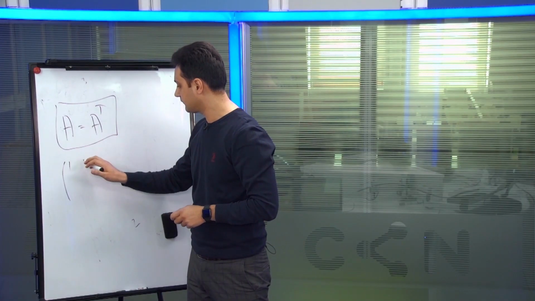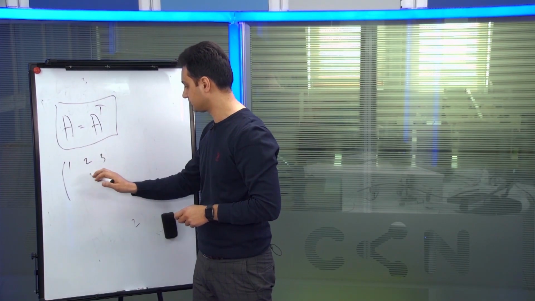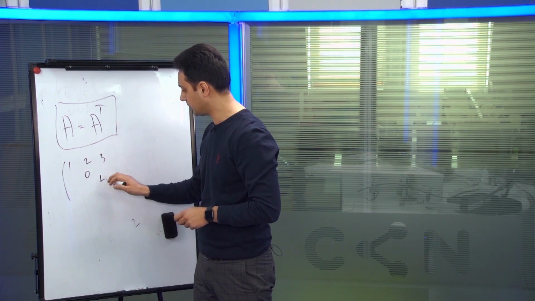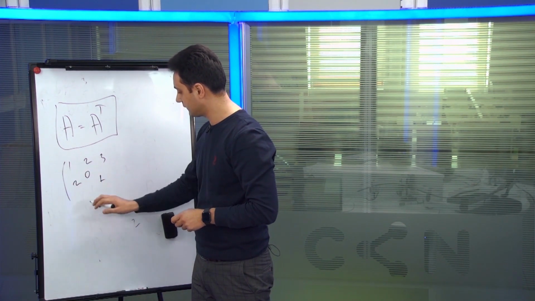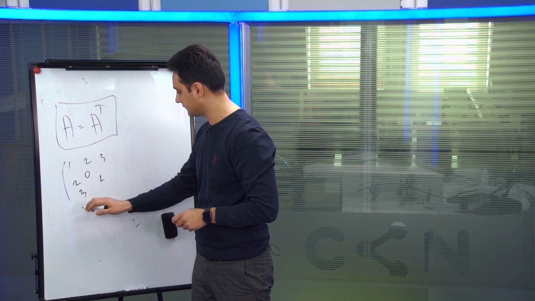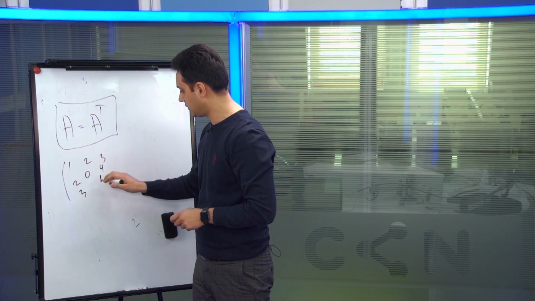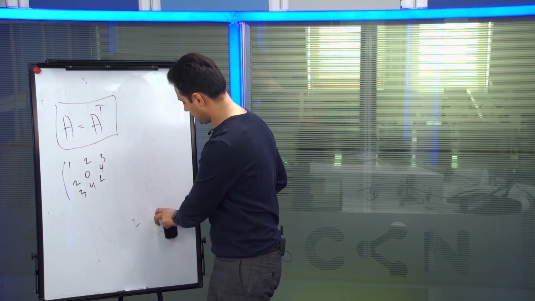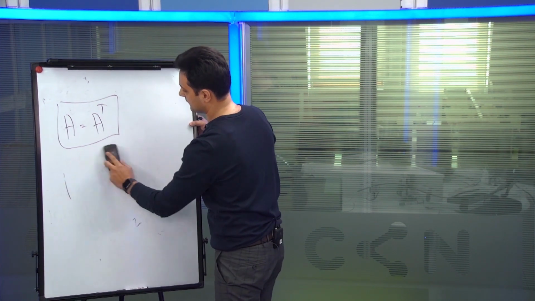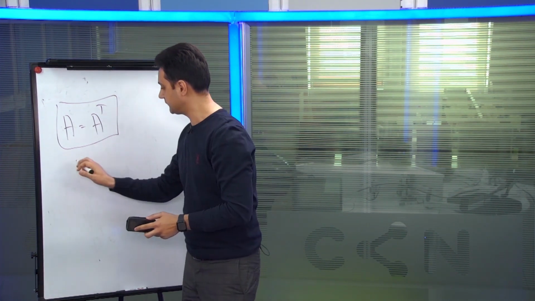Well, we have 1, 2, 3, 0 and 1, and this is 2, this is 3, let's say it's 4, and it's 4. Let me write this a bit more clearly.